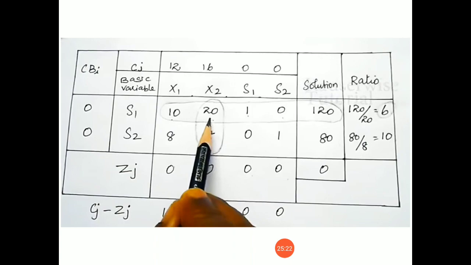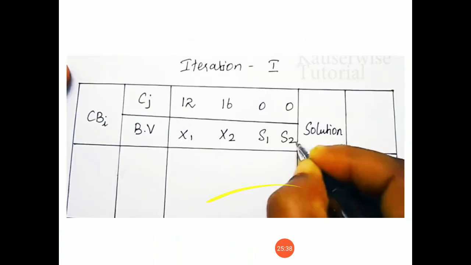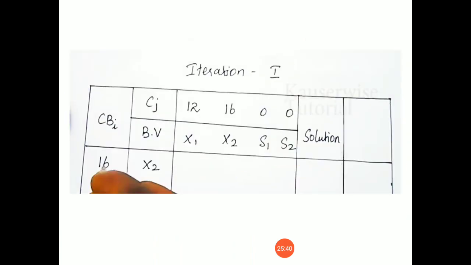First one is the entering variable. As I told you from the initial simplex table, x2 is the entering variable and s1 is the leaving variable. So in place of s1, this time I will be writing x2. So in the iteration 1 table, I have written below the basic variable x2, as I have told you that x2 is the entering variable.